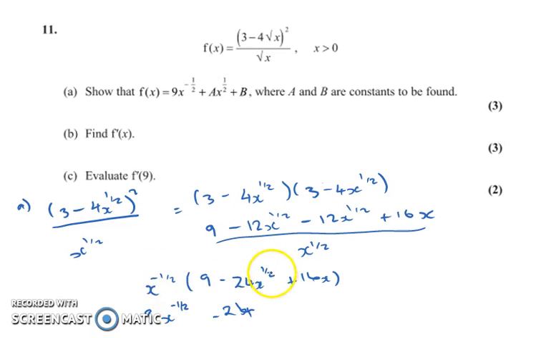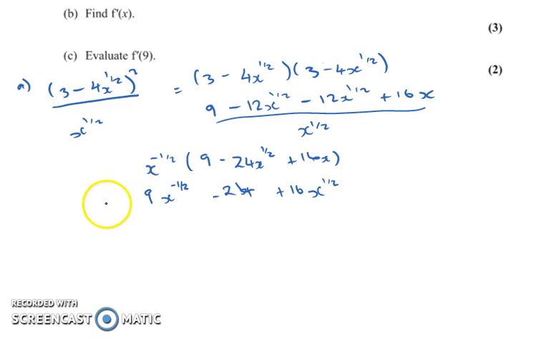Minus a half, add a half is 0, so there's no x term here. Add 16, minus a half, add 1 is positive a half.